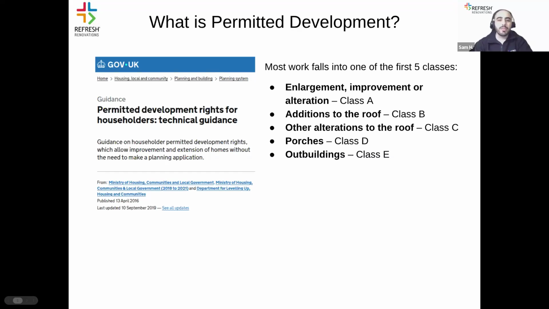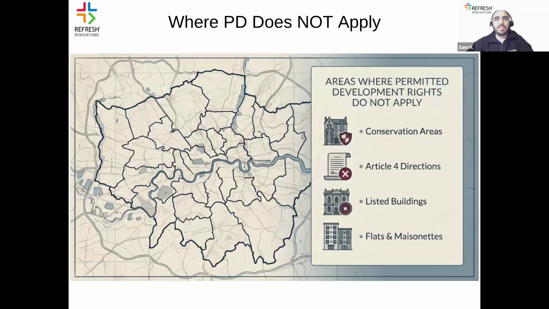Now, where does PD not apply? Permitted development in general does not apply within designated areas. These designated areas are comprised of conservation areas, the areas under Article 4 directions, which is the case in many London boroughs, listed buildings, and most flats or leasehold apartments.